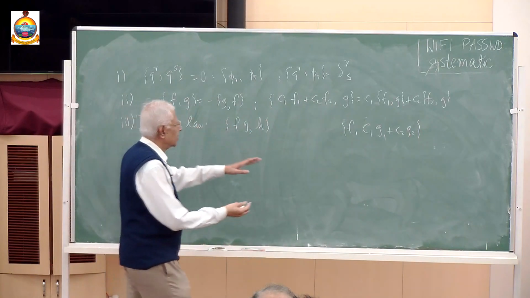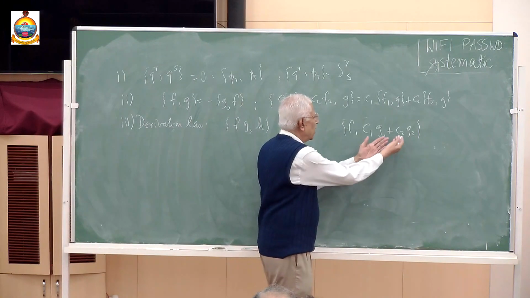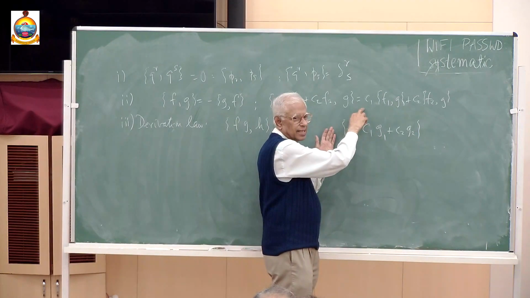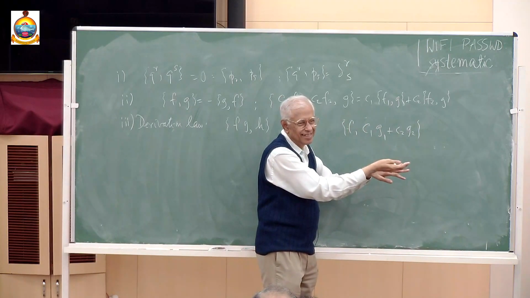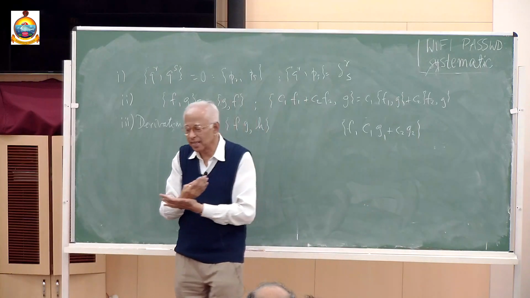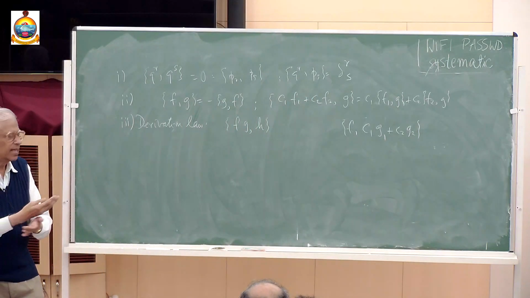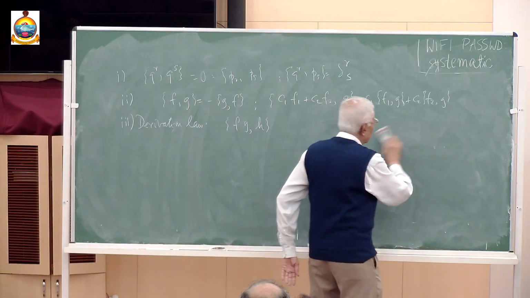First I will use this, I don't have to, but just for your sake, I bring it here, put f there, there's a minus sign. Then I use this. Then I use the antisymmetry once again. So it is linear with respect to constants in f, linear with respect to constants in g, and antisymmetric. These are all its properties.